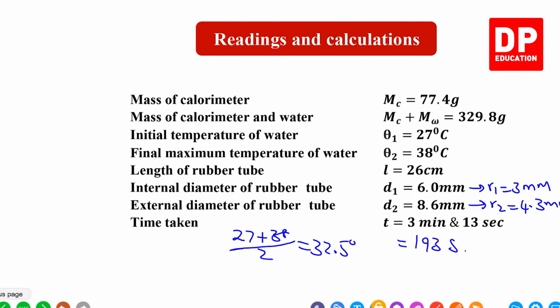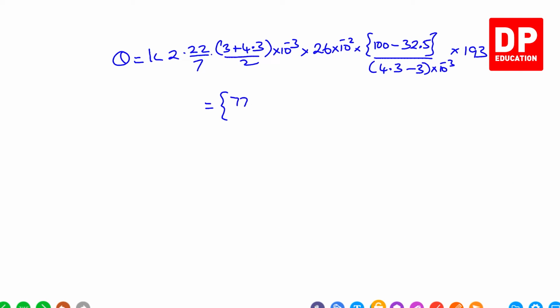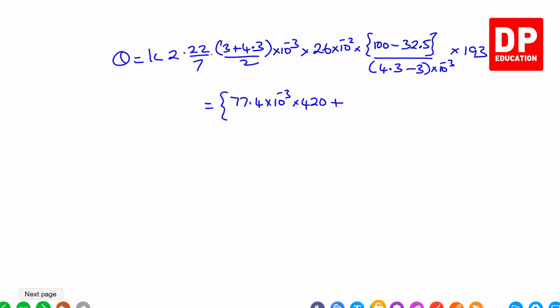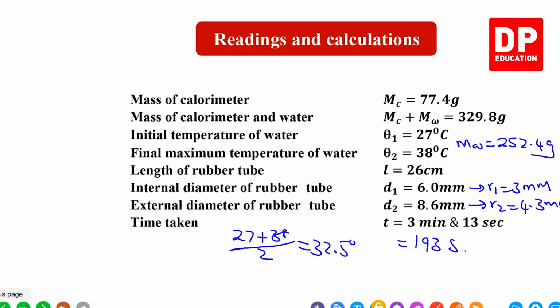M C, the calorimeter: 77.4 grams, C for copper 420. MW, subtract and get it, when you subtract it, 252.4 grams, into 10 to the power minus 3, into 4,200 for water, into delta theta, theta 2 minus theta 1, 38 minus 27.